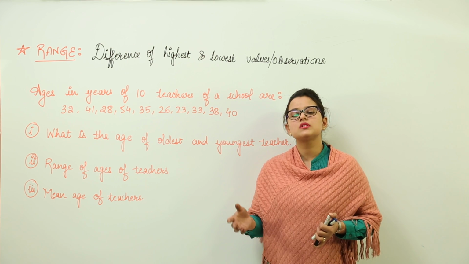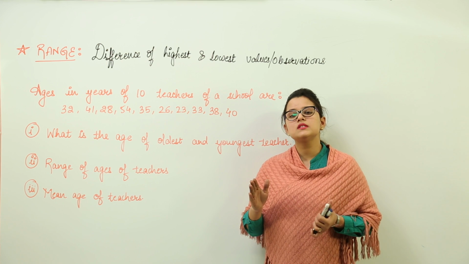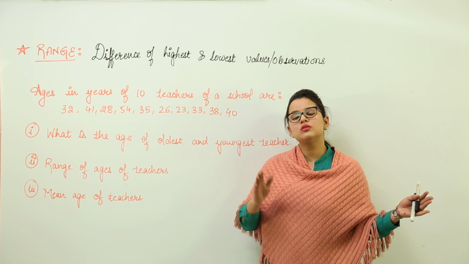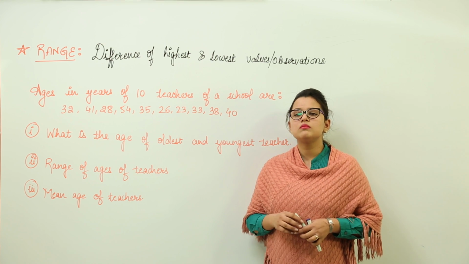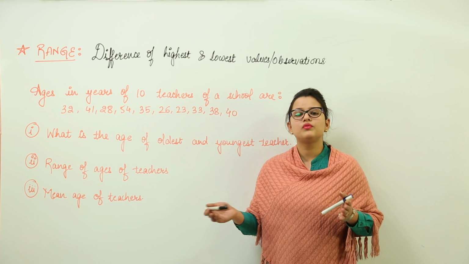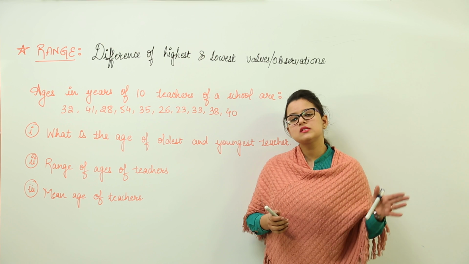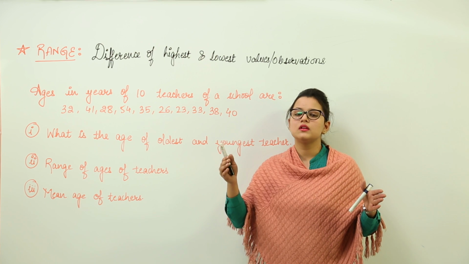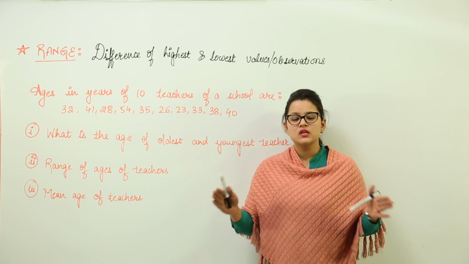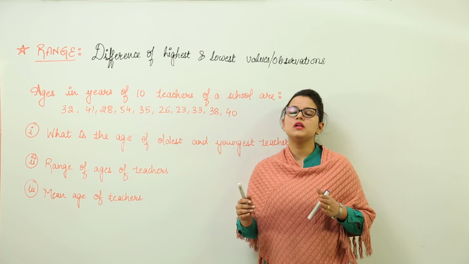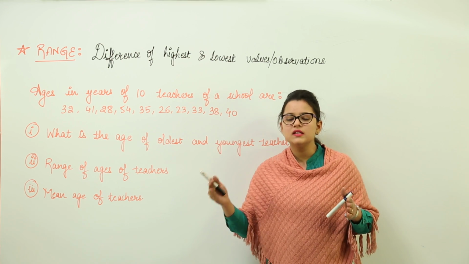That means it could be between 0 to 1000, any value, and if you say it can be between 1000 to 1500, that means it can start from 1000 and it should end at 1500. That means the range defines the difference between the lowest and the highest value.